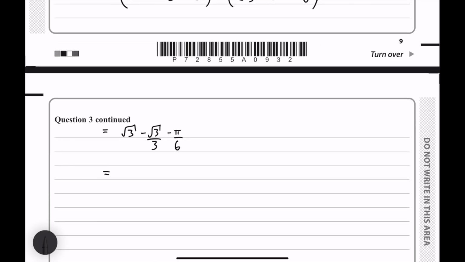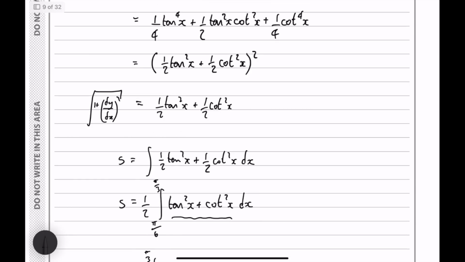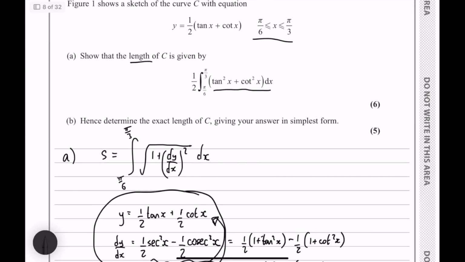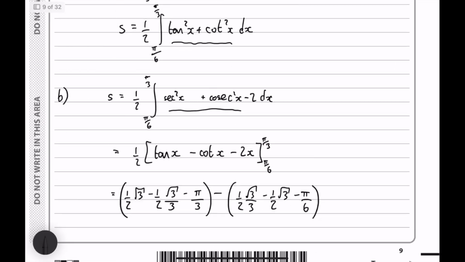Root 3 minus a third root 3 is 2/3 root 3, minus pi by 6. Or if you're particularly keen on single fraction answers, we could put it like that. Either of those is okay. Let me just check that matches anything we were given in the question. We weren't given anything in the question. Okay, let's assume that's correct.